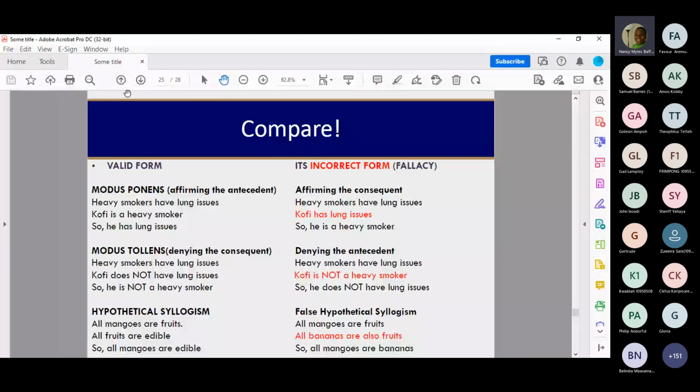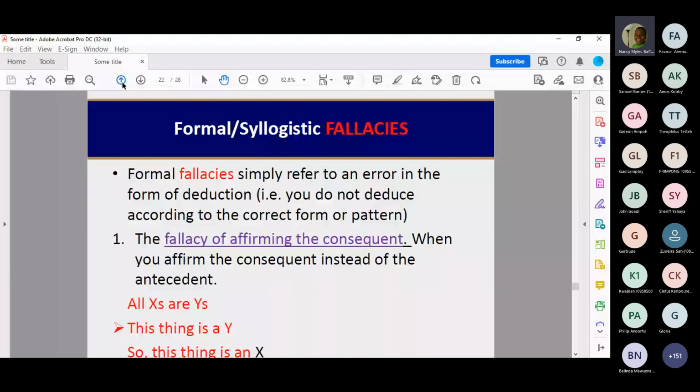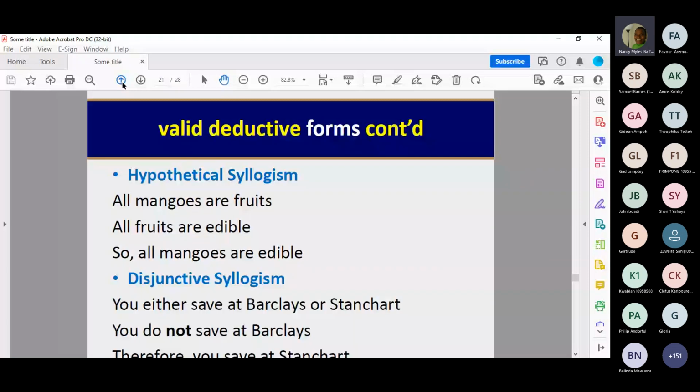That's what soundness means. A sound argument is a higher quality than what? A valid argument. Validity is just concerned about the pattern of reasoning. So modus ponens, modus tollens, what have you, is where if the premises are true, the conclusion necessarily follows. Then we say it's valid. That's all. It doesn't speak about whether the premises are actually true or false, okay?